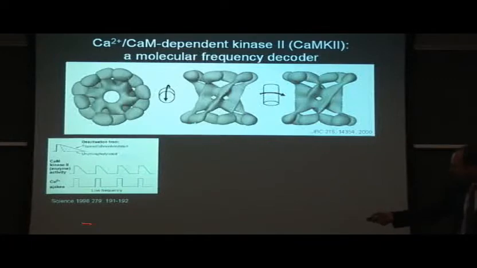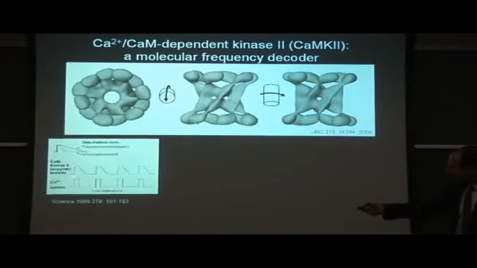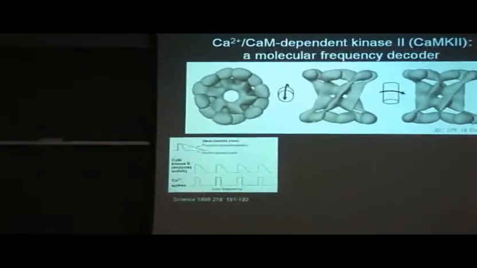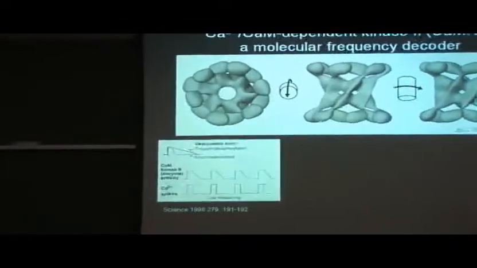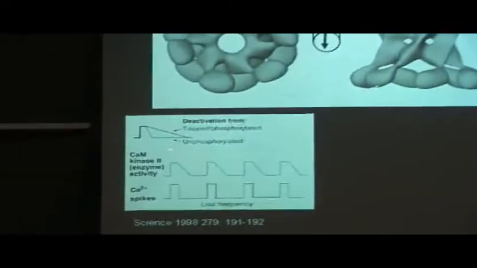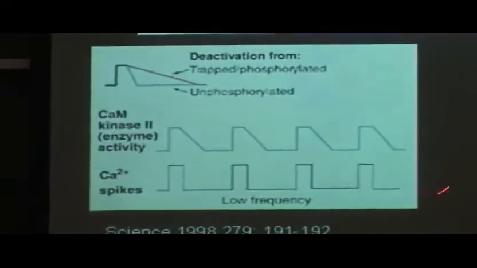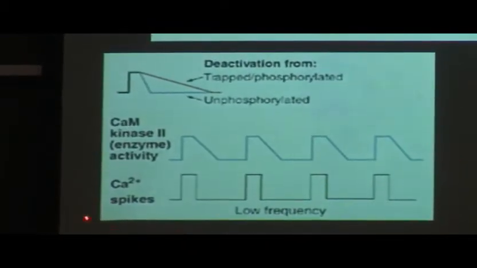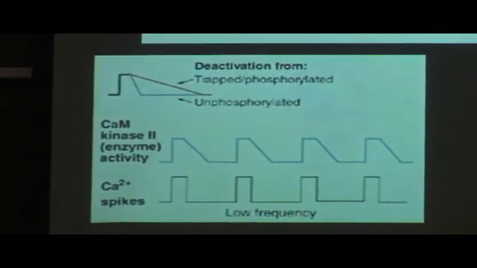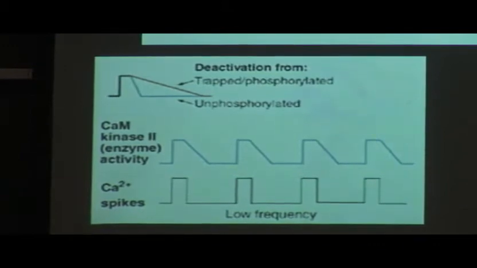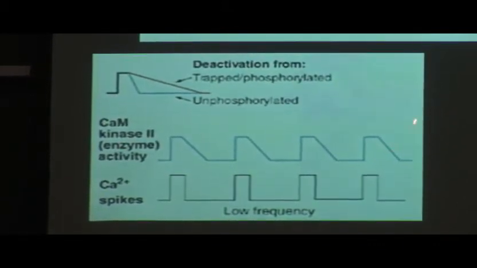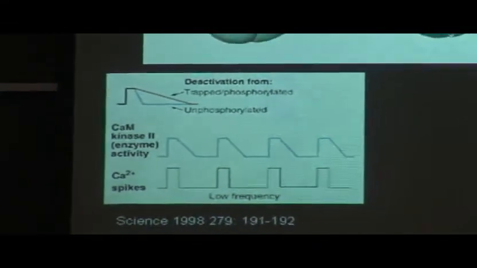is that if you stimulate with these calcium spikes as shown here, under kind of basal conditions, you activate the kinase, and then the kinase will decay. And if these spikes are far enough apart in time, then the kinase will completely decay, the activity will completely decay back to its basal levels before the next spike comes. So what you're doing is you're sensing the individual spikes here.